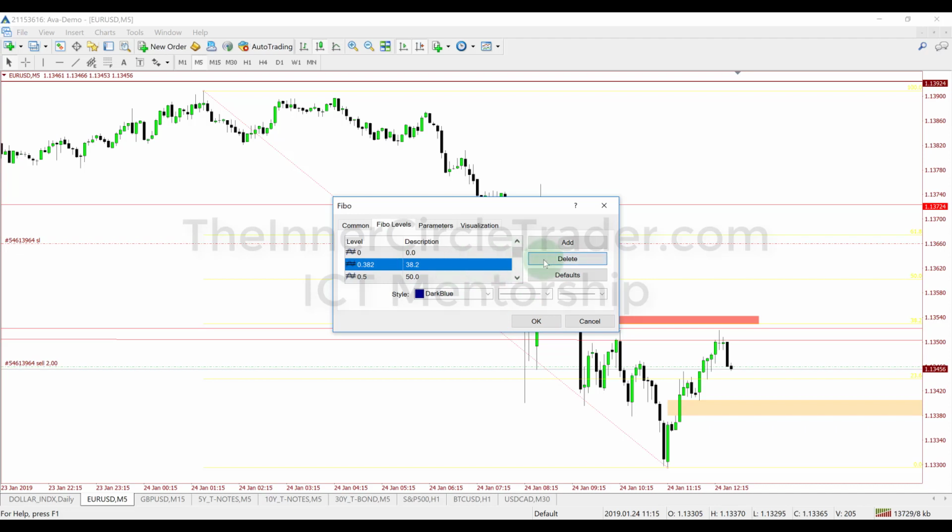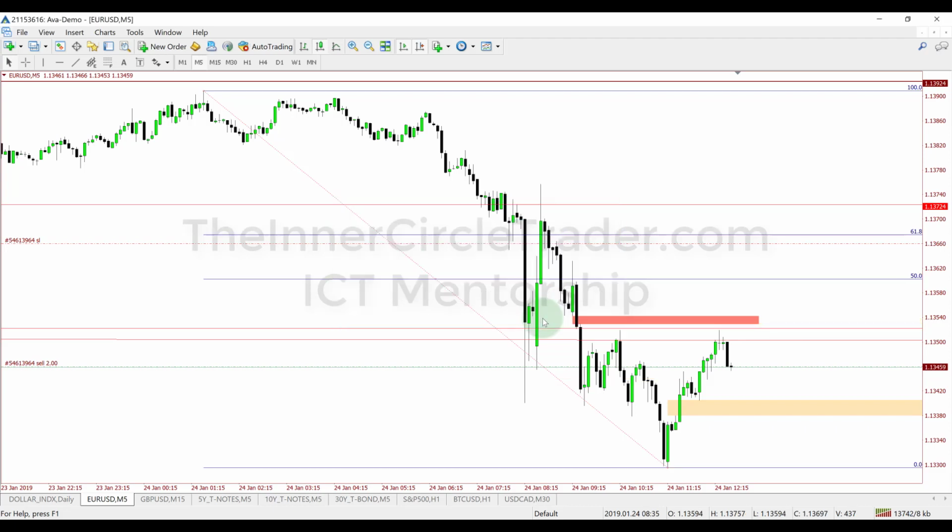You can see I haven't set up my fib yet. I'll just keep it as it is here. Get rid of all this extra stuff. Trim the fat, if you will. So we have 50% here, so we would be above equilibrium.